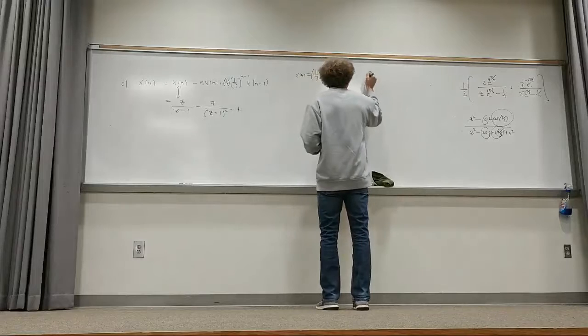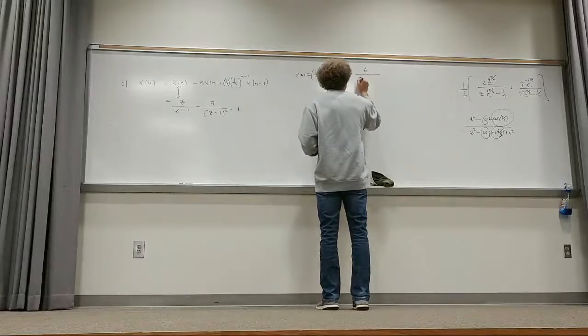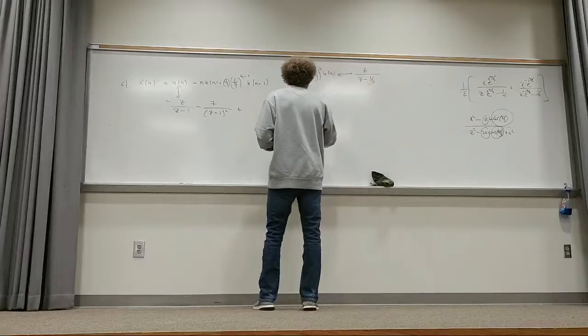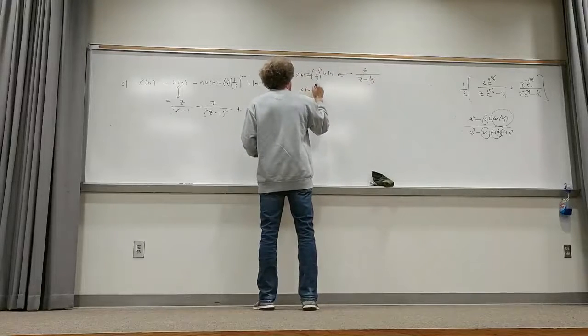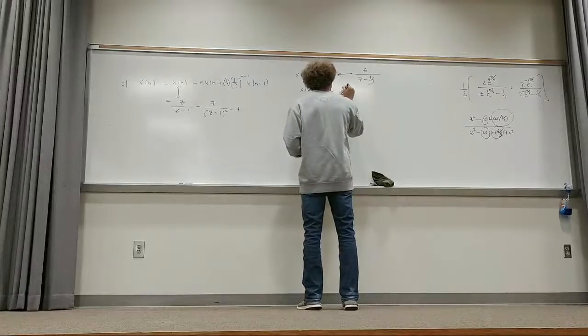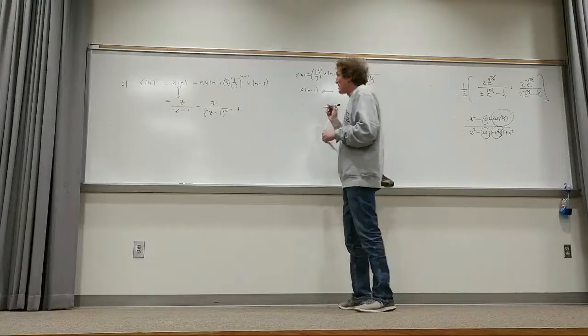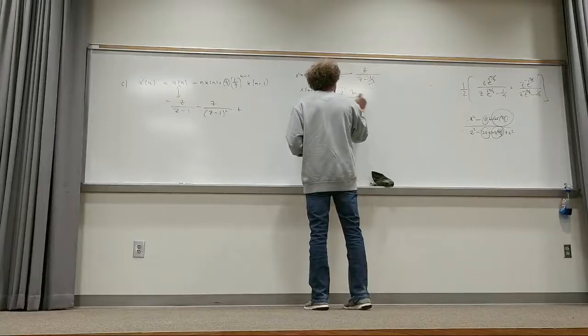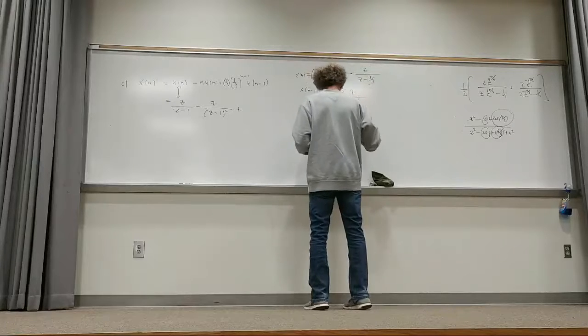And that simply goes to z over z minus 1/3. And then if I have x of n minus 1 here, that's going to bring out a z to the minus 1 in front of it, times this, z over z minus 1/3.